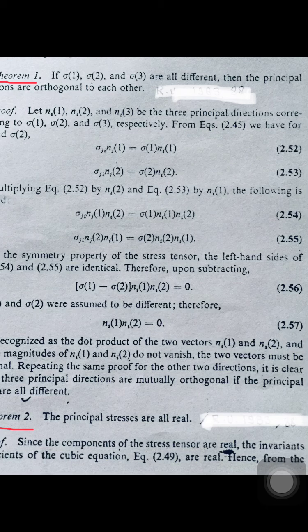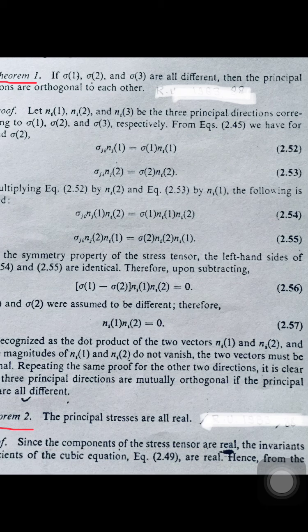This is recognized as the dot product of the two vectors ni1 and ni2, and since the magnitudes of ni1 and ni2 do not vanish, ni1 dot ni2 equals 0 shows that these two vectors must be perpendicular, or in other terms, orthogonal. This is what we had to prove.